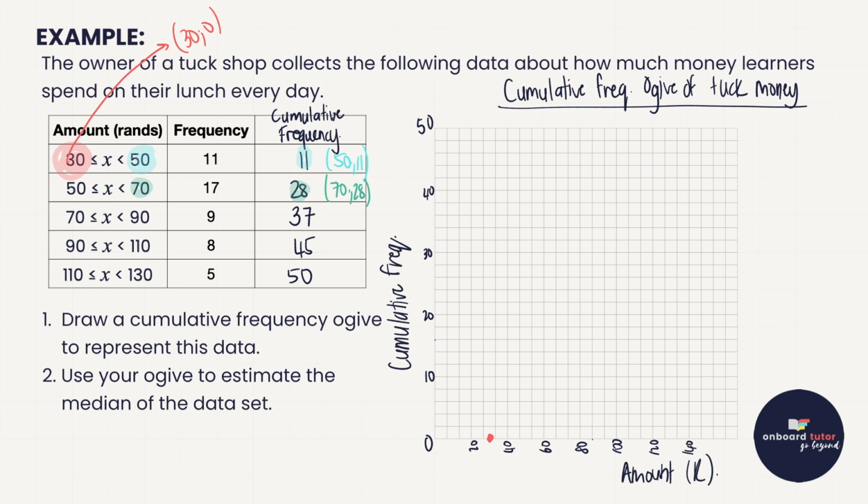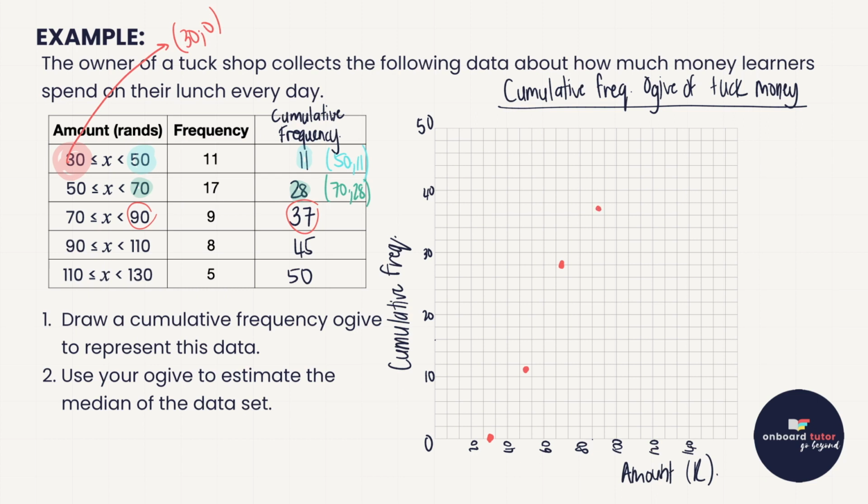Now we're going to plot the other points, starting with 50 and 11. So 50 and 11 is going to be there. Then 70 and 28 is going to be there on that line. And we're going to go on like that. 90 and 37.